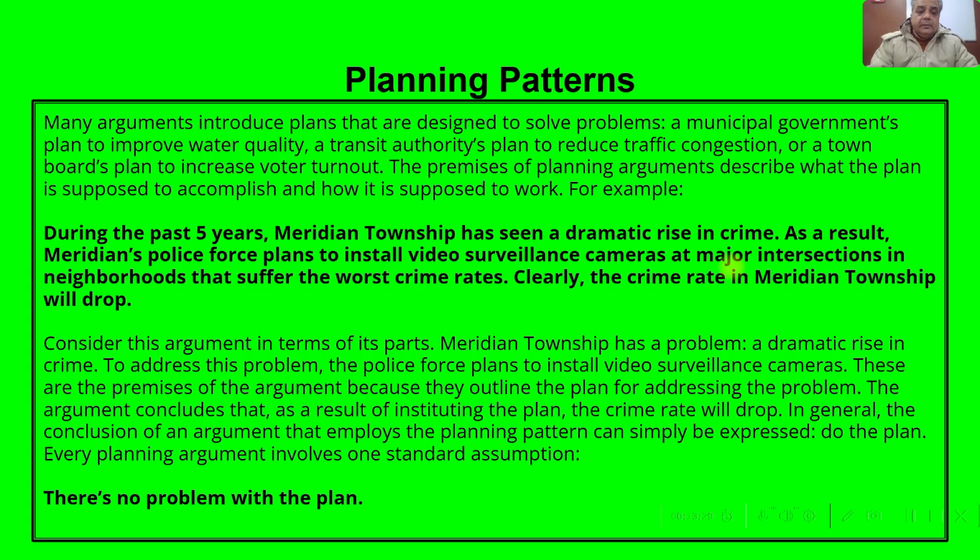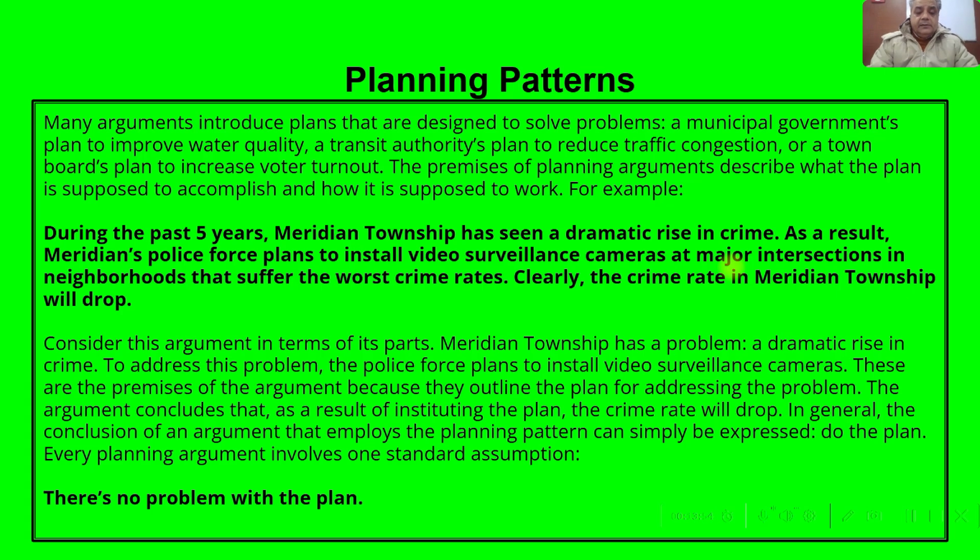So basically the Meridian Township's police force have told the public about their plan, and because of their plan they are very confident that the crime rate in Meridian Township will drop. But when we counter question them, we pointed out various problems with the plan, right?